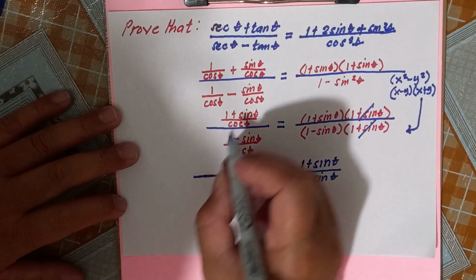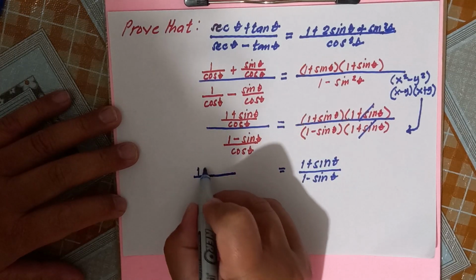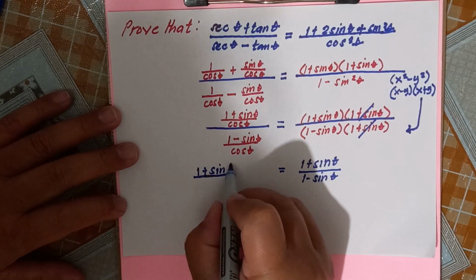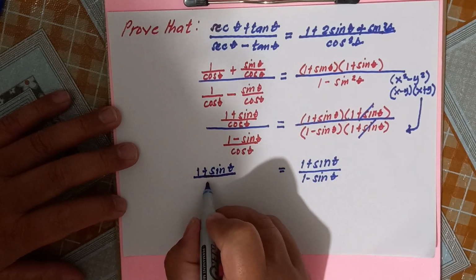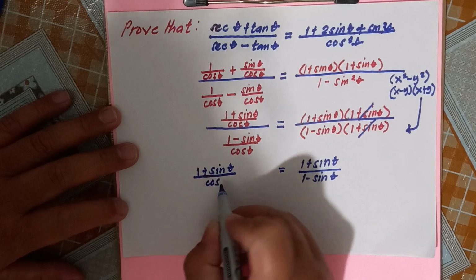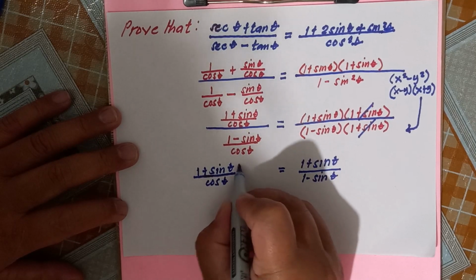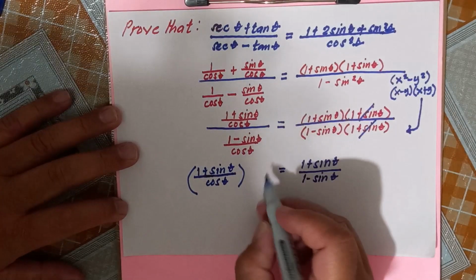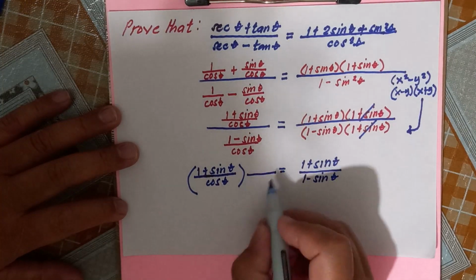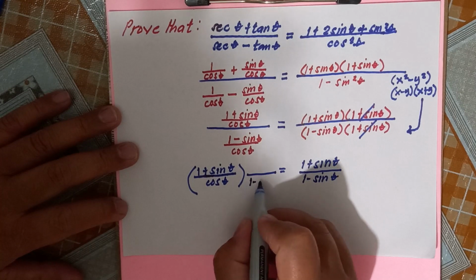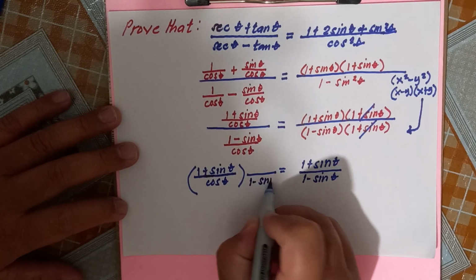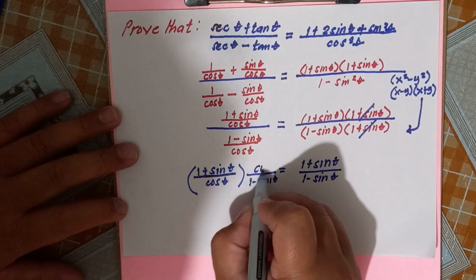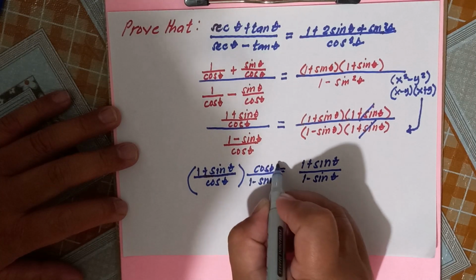So we copy first the numerator, 1 plus sine theta over cosine theta, and then we get the reciprocal of the other fraction. The reciprocal is 1 minus sine theta over cosine theta.